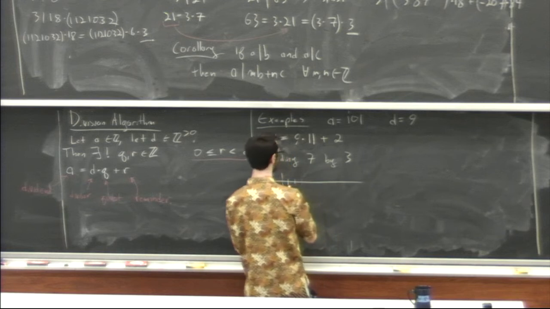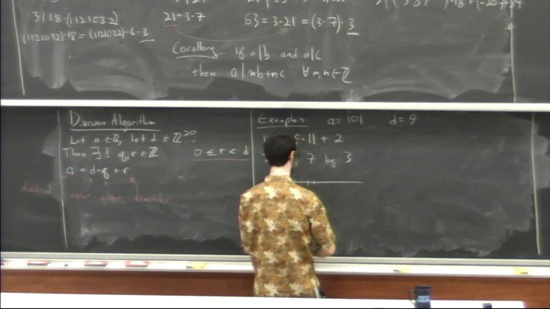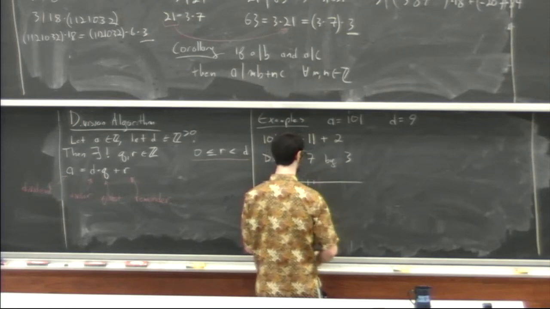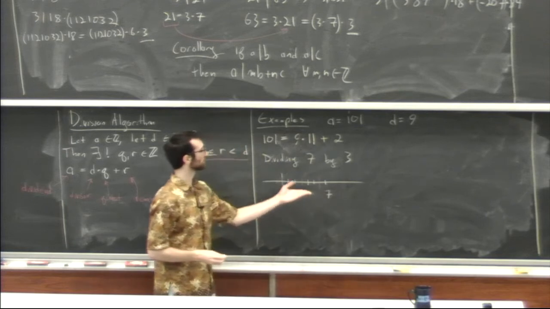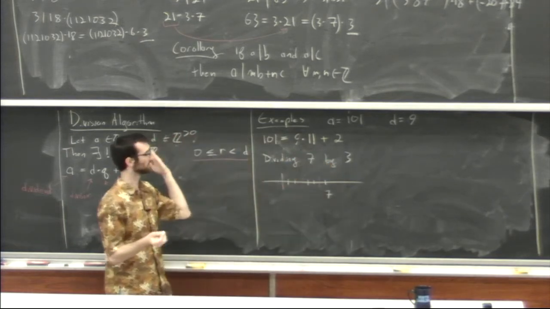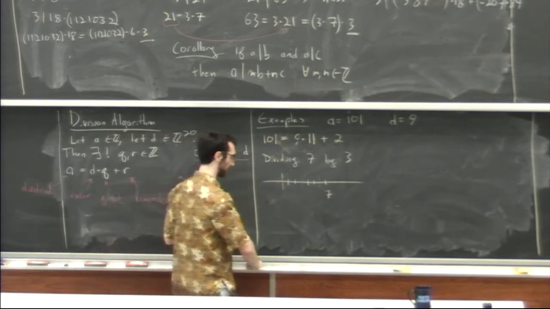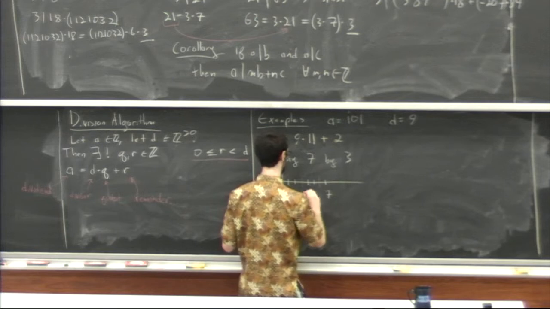So 0, 1, 2, 3, 4, 5, 6, and then 7. So if I want to understand what 7 is when I divide by 3 in the integers using the division algorithm, well, I'm going to count up using these multiples of 3.